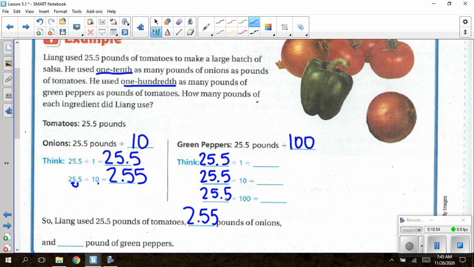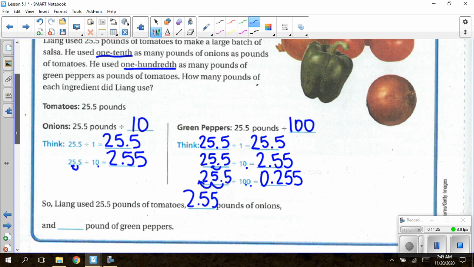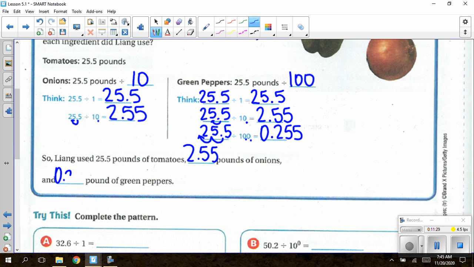And then I divide by 1, which gives me that exact same number, divided by 10, 1 0 in my 10, so 1 swoop to the left, places my decimal in between the 2 and the 5. And then if I divide by 100, my 100 has 2 zeros in it, so therefore I have to do 2 swoops to the left, and we would have 255 thousandths. So I know that he would need 255 thousandths pounds of green peppers.